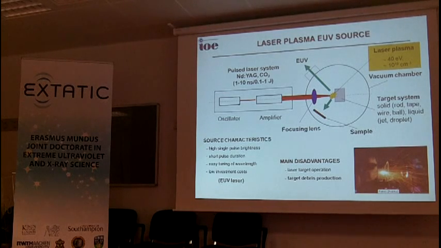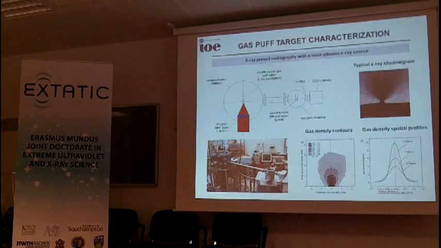But when you use it as a source, it's very detrimental and very bad. So we have to solve this. Again, you can find more than 20 papers and PhD theses on how to reduce and mitigate the debris production. We came to the conclusion: why not solve the problem totally and eliminate debris.